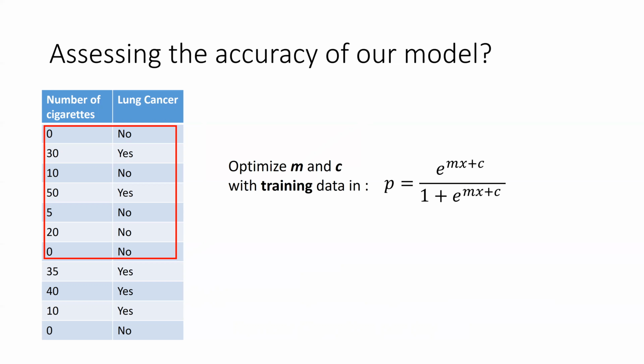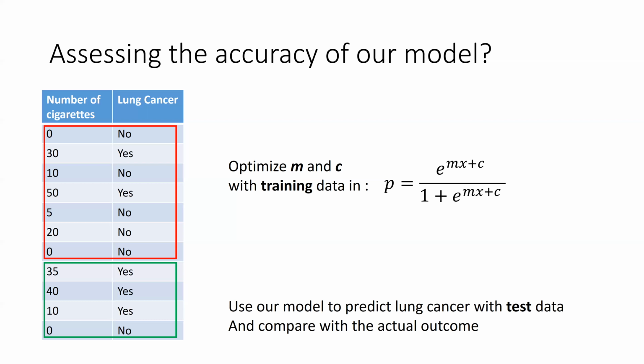In this case, training for logistic regression means we optimize M and C with our training data using maximum likelihood estimation. Then we have a test set, maybe 25% or a third of your data, where we use our model with known M and C to predict what happens and compare it to what actually happens.